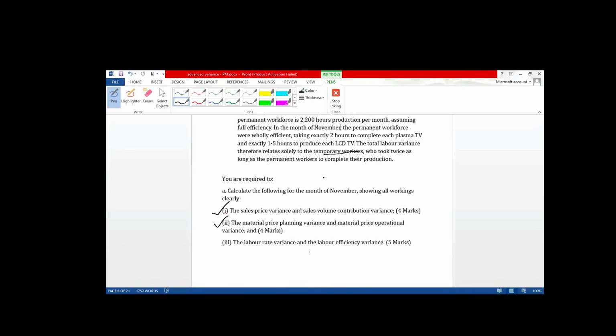That means if permanent staff is using 2 hours, temporary staff will use 4 hours. If permanent staff is using 1.5 hours, temporary staff will use 3 hours because they are inexperienced and they are not efficient.